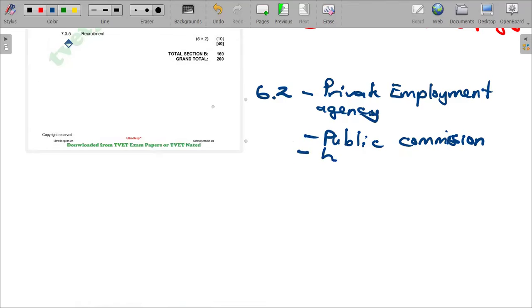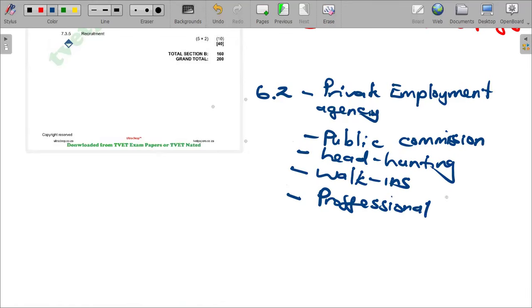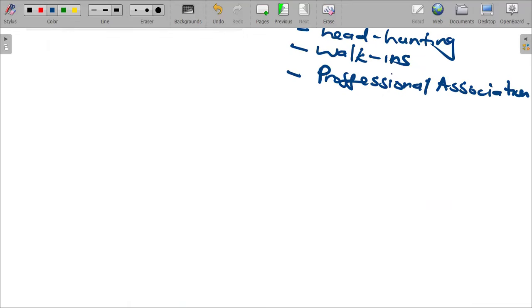We also have headhunting. We also have walk-ins. We have what we call professional associations. We have also temporary help.